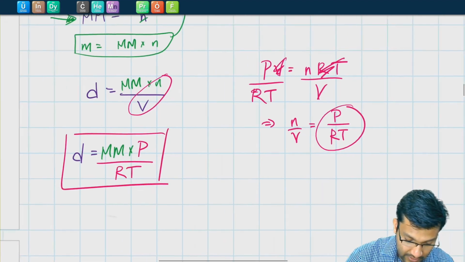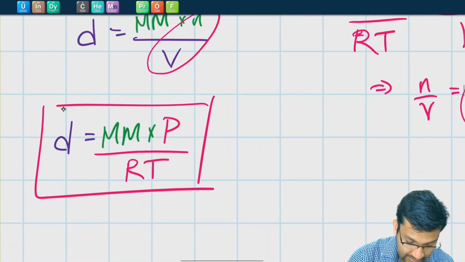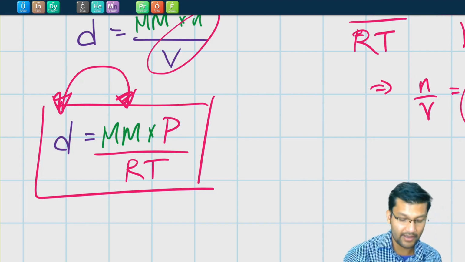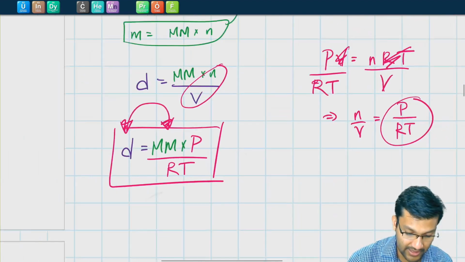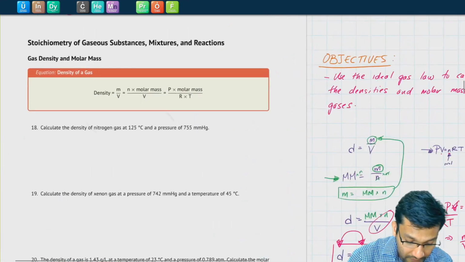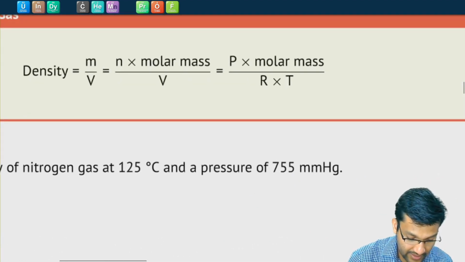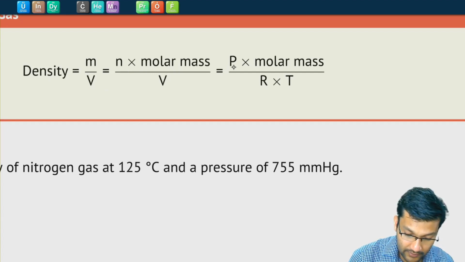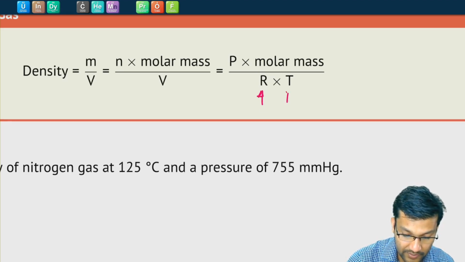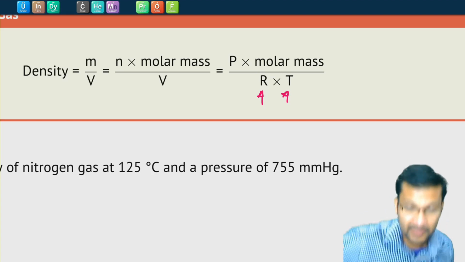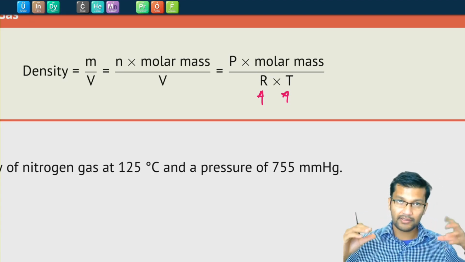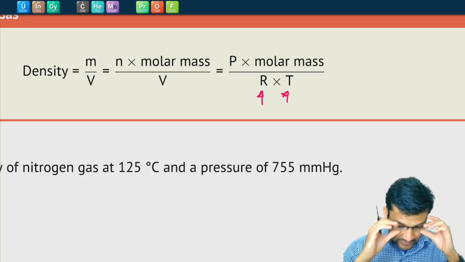This is the equation that relates the density of a gas to the molar mass of a gas if we know the pressure and the temperature. All of that is summarized in these equations here. We have density, which is mass over volume, or number of moles times molar mass over volume, or the pressure times the molar mass divided by the ideal gas constant R times the temperature T. Remember, because this is an ideal gas law equation, the temperature T must always be in Kelvin.